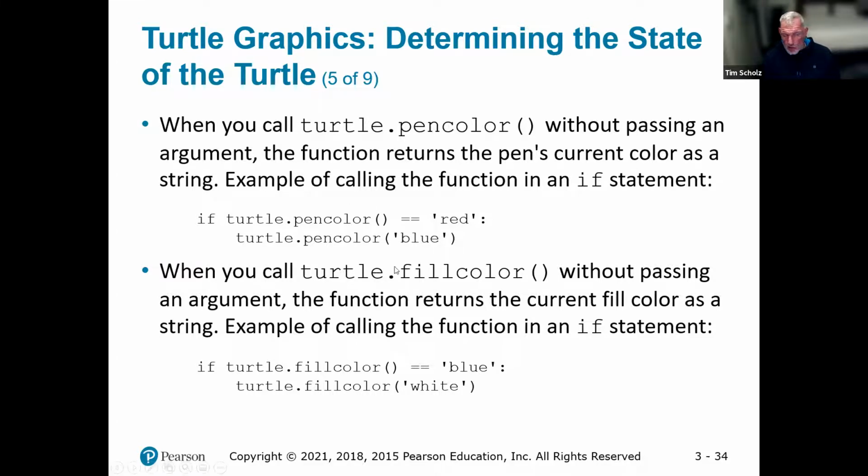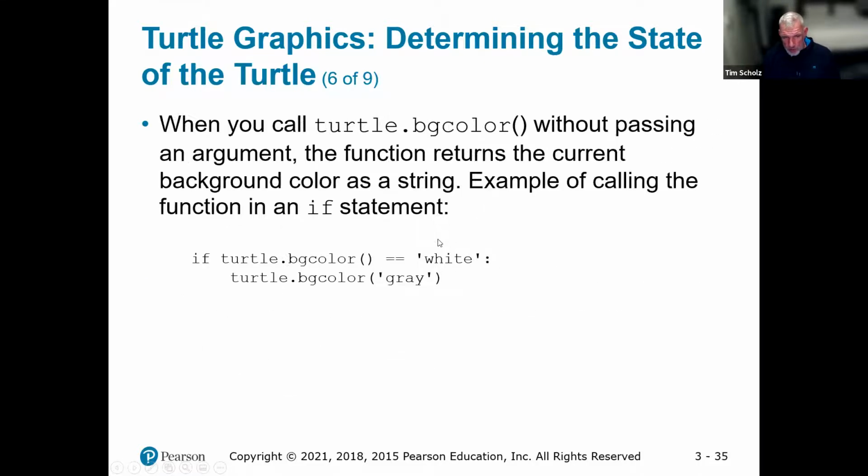Again, here we're looking at strings. If turtle pen color is red, then we're changing the pen color to blue. If turtle fill color equals blue, we're changing it to white. So as you can see, it's still logical statements. Again, if turtle background color equals white, we're going to change it to gray.